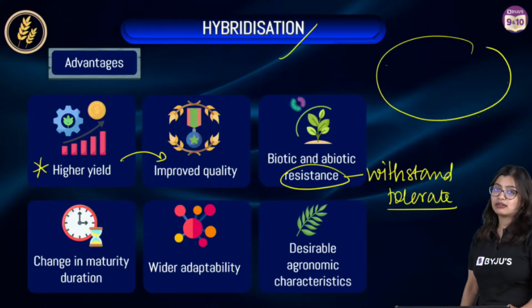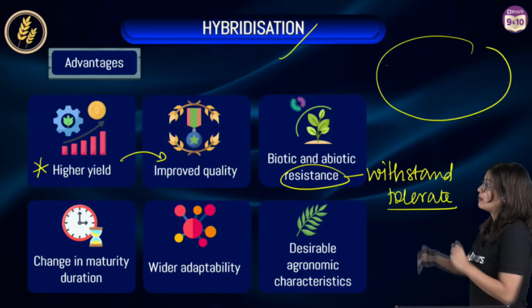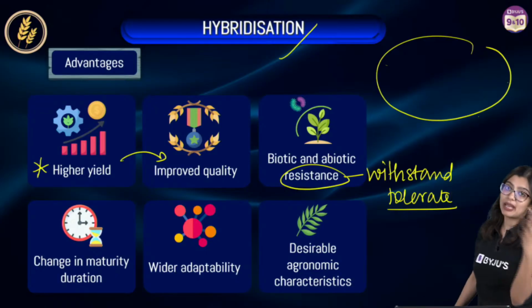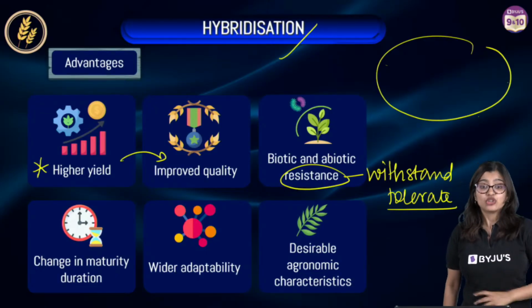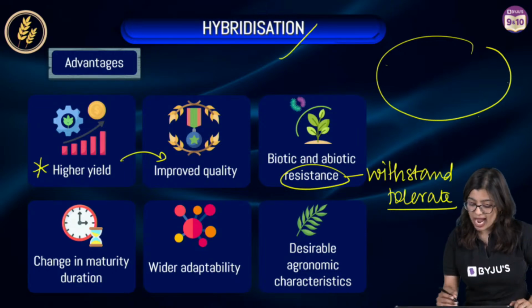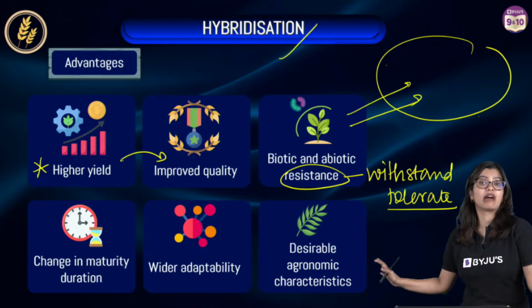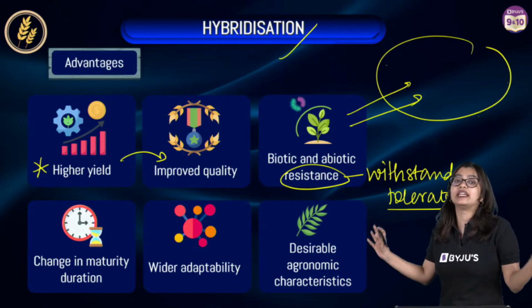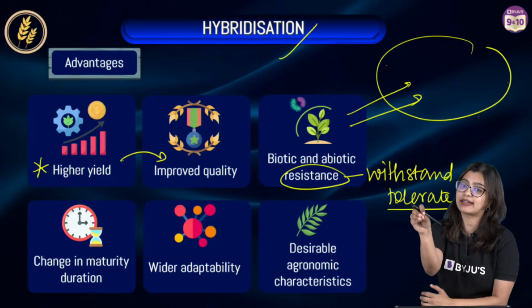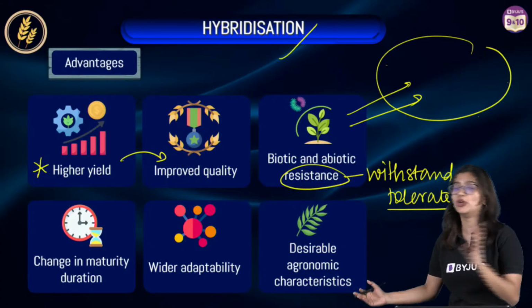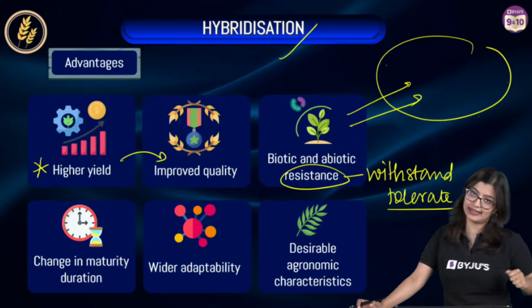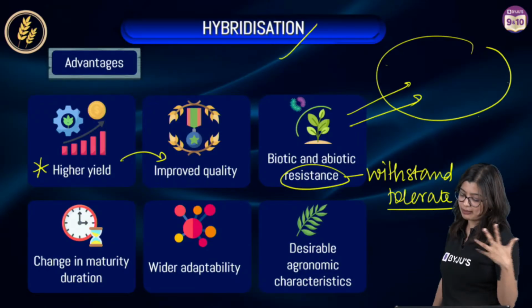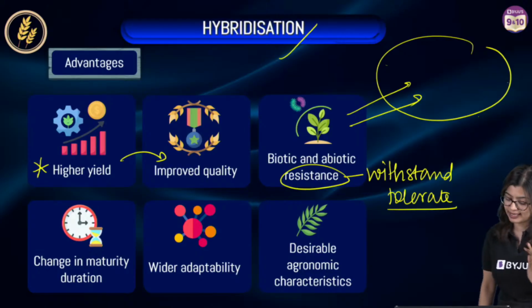It could be that there is not enough water, or there might be too much water, or there are insects and pests attacking it. In all of these cases, my plant should be able to survive. It should not be defeated easily. It should not be that one insect came and bit it and the plant is dead. No. It should have the ability to survive and withstand. So that is what we mean by biotic and abiotic resistance.